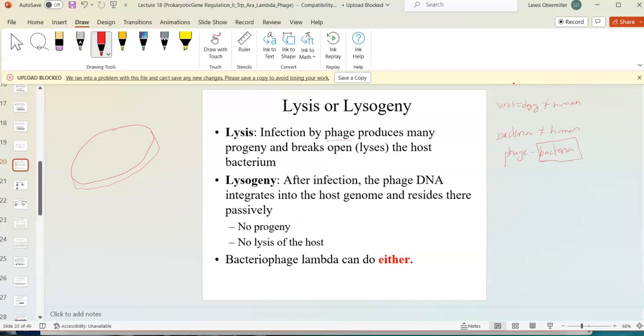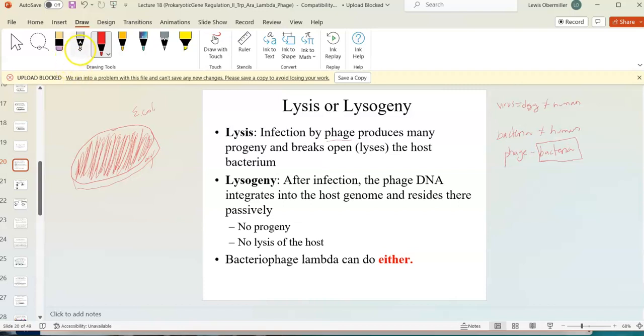Now, to look at phages, we smear bacteria that they like to attack onto a petri dish. So there's agar on here, and there's a lawn of bacteria. Let's say it's E. coli, it's easy.